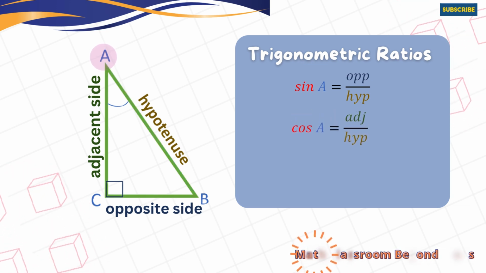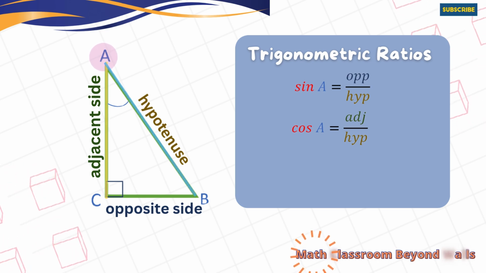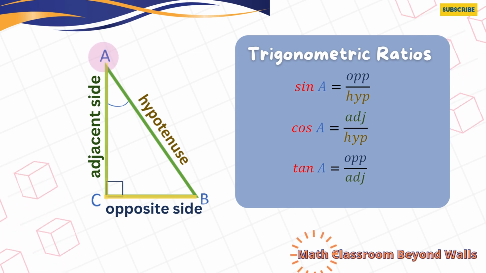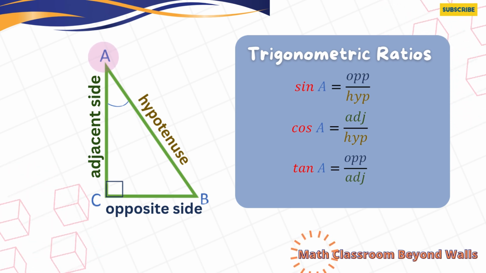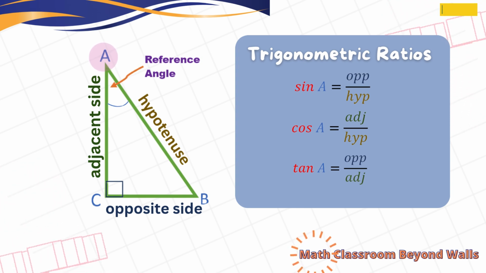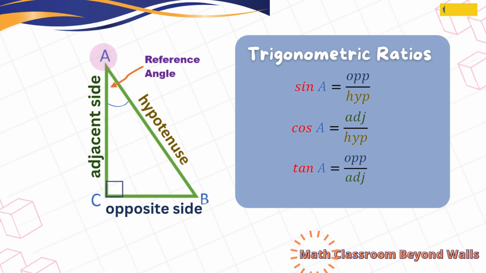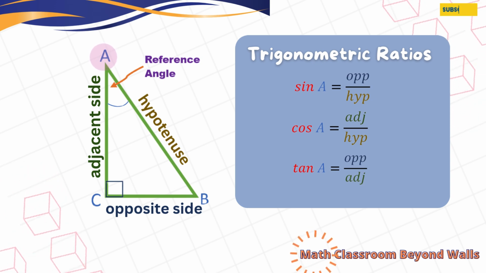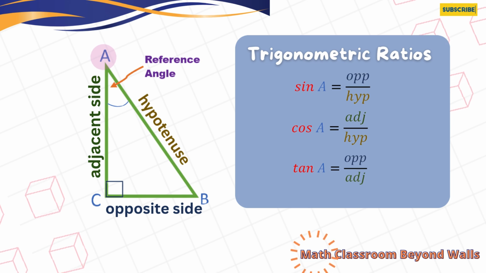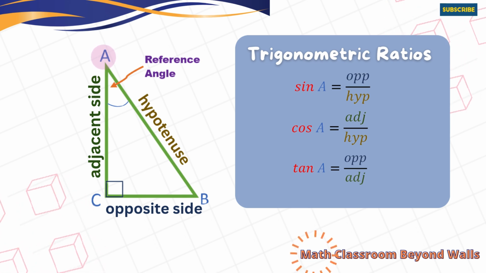Cosine A equals adjacent side over the hypotenuse. Tangent A equals opposite side over the adjacent side, where angle A is the reference angle as shown in the figure. For the detailed discussion on how to label the sides of a right triangle, watch the video on trigonometric ratios. The link is down below.